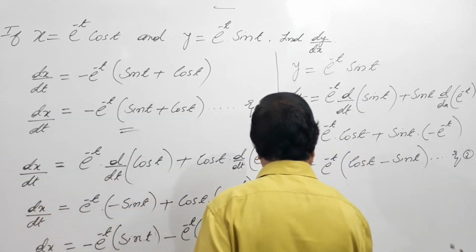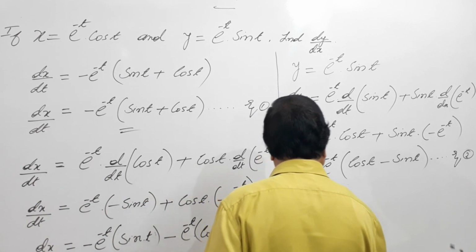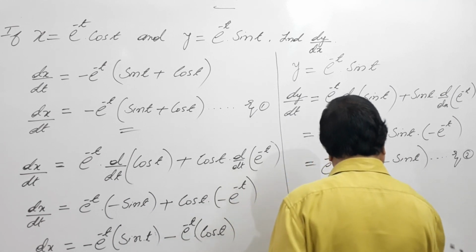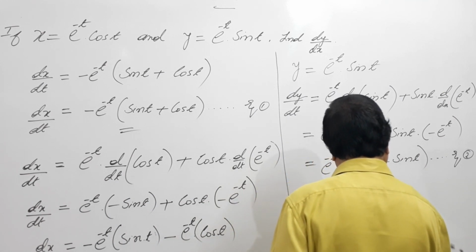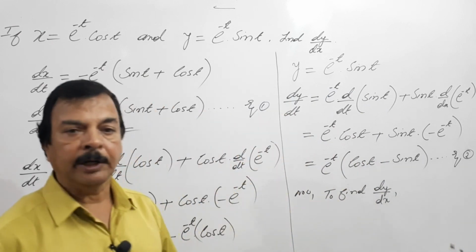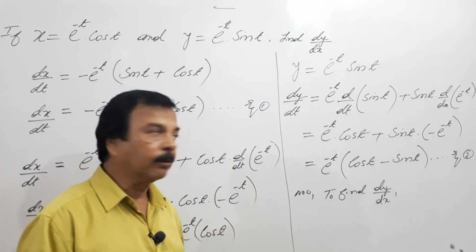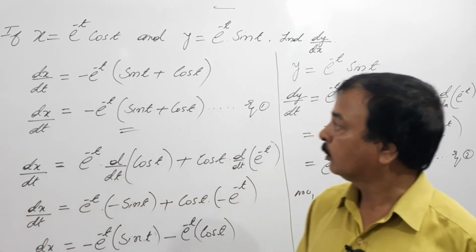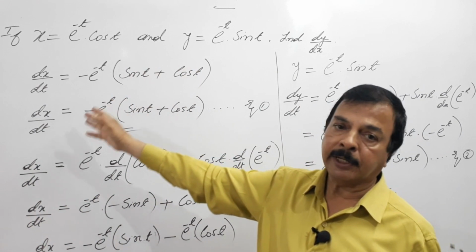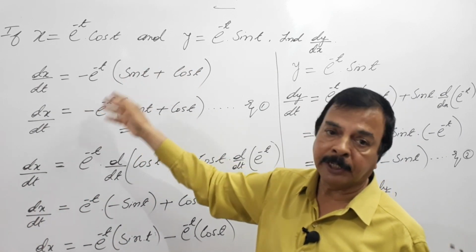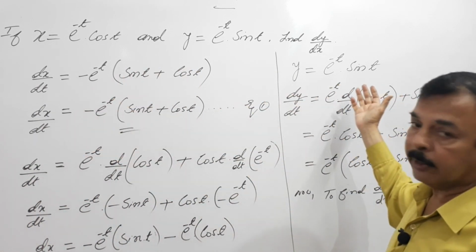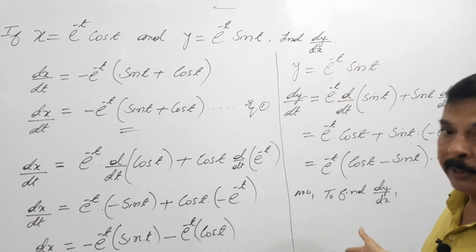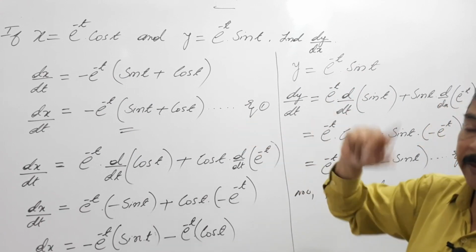Now to find dy by dx, what you have to do? We have to use the chain rule. Whenever you have a problem on parametric functions, where you will be asked to find dx by dt separately, or dx by d theta separately, and again you will have y as a function of t or theta, you separate this as I have done, and later on you have to find dy by dx.